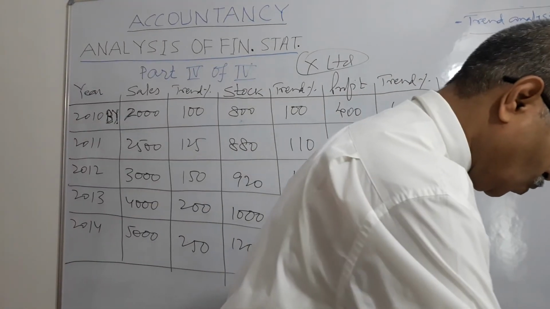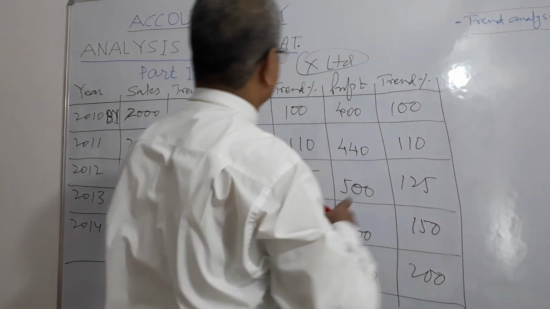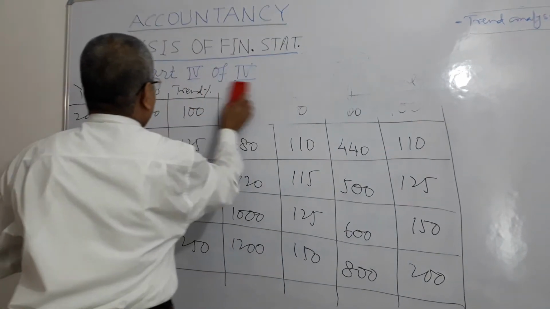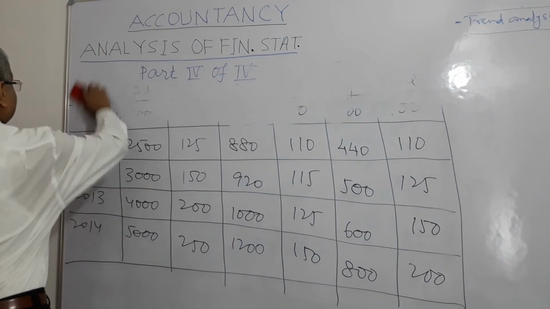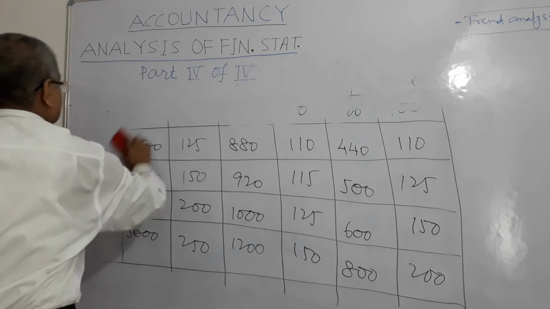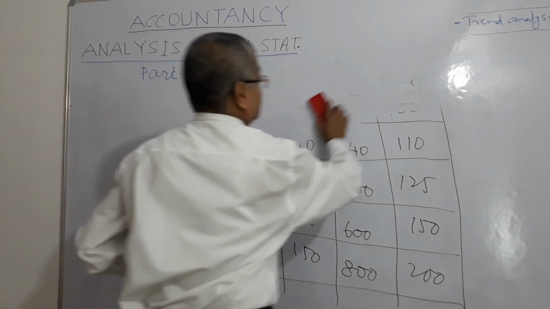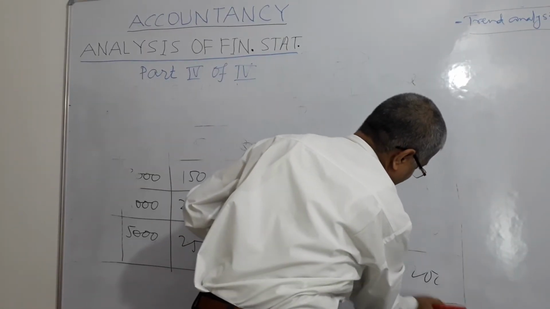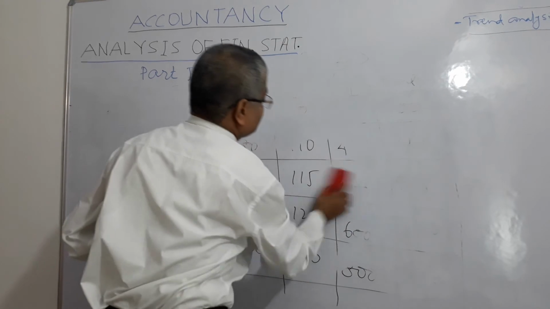So we will do one more sum. This is one of the 5 major tools for analysis of financial statements. In earlier videos we have discussed comparative statements and common size statement.